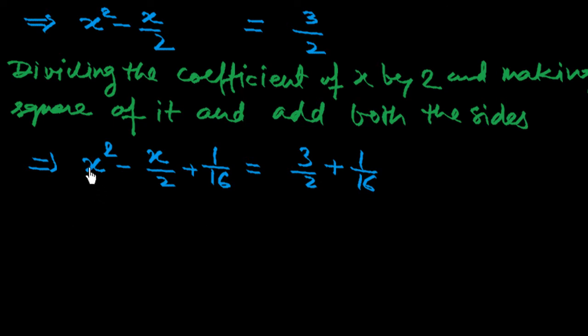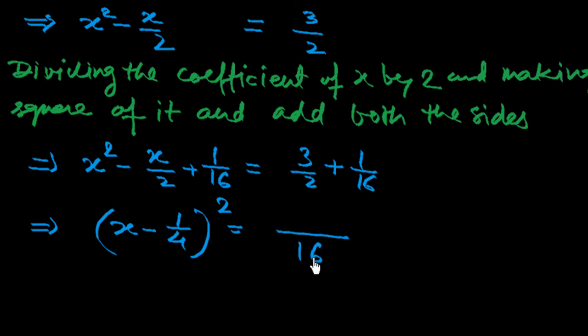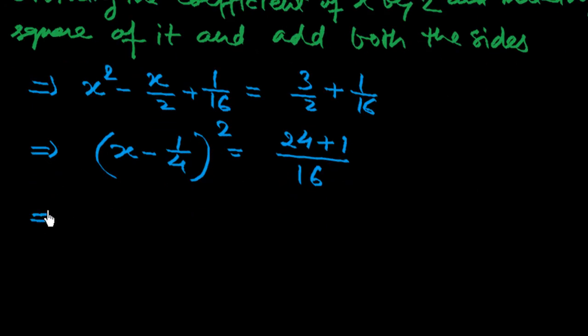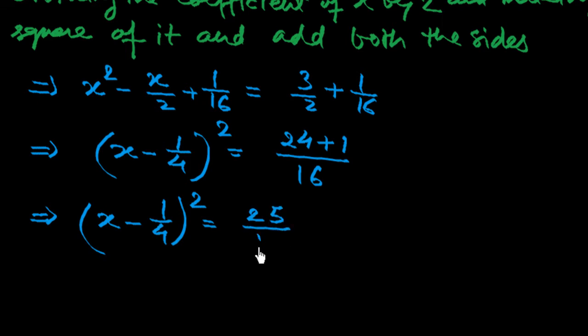So now it is the complete square of x minus 1 by 4. If you make the square of x minus 1 by 4, we get x square minus x over 2 plus 1 over 16. This implies x minus 1 by 4 whole square is equal to, simplifying, 16 into 3 is 24, plus 1, so we get x minus 1 by 4 whole square is equal to 25 over 16.